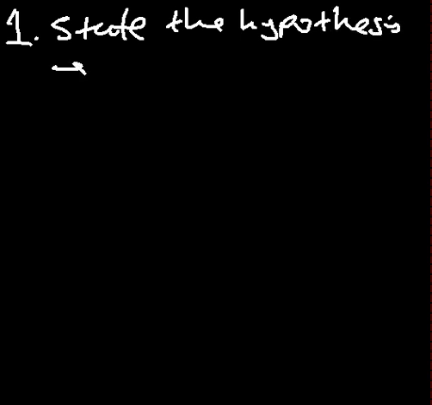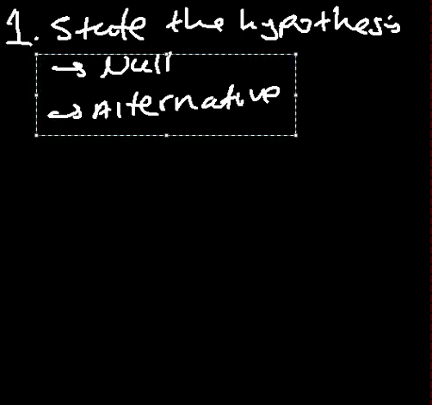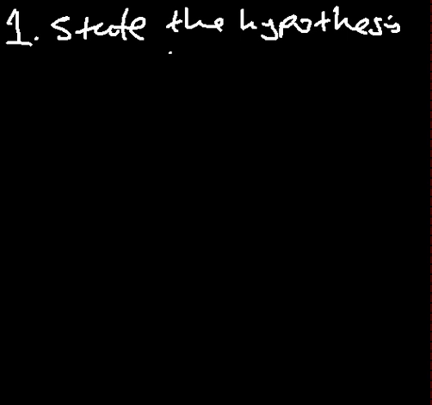And basically that is the null hypothesis and also the alternative hypothesis. Given a typical problem, just identify what is the null hypothesis and what is the alternative hypothesis. So that is the first step in the analysis of variance, and basically for the one-way analysis of variance.